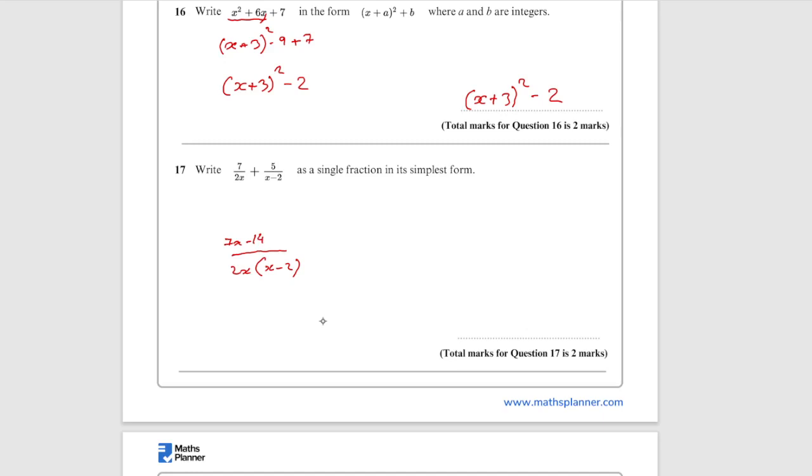And then if I times the second fraction, I need to times it by 2x, so that would be plus 10x. So we can simplify our x's, so we get 17x minus 14 all over 2x times x minus 2, and I'm not going to expand that because that's not really simplifying it. So that's going to be my answer.